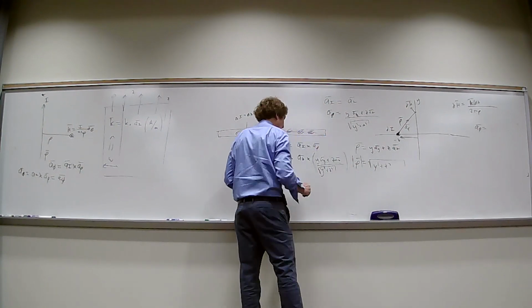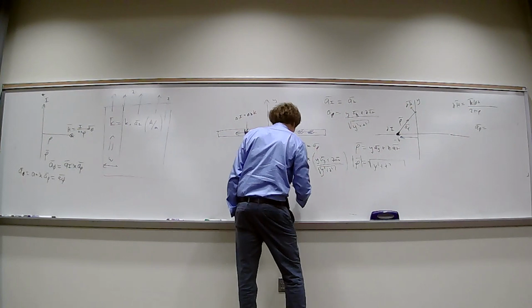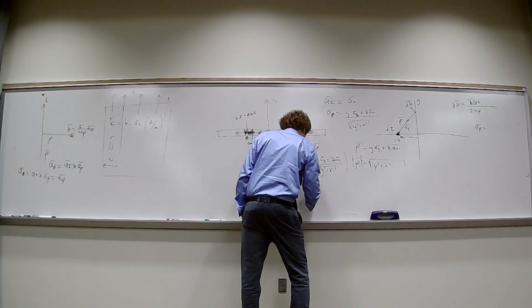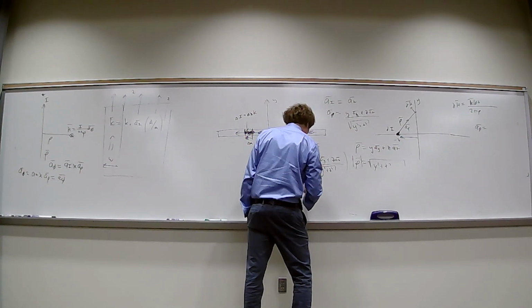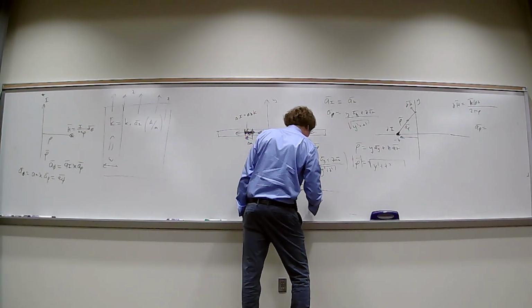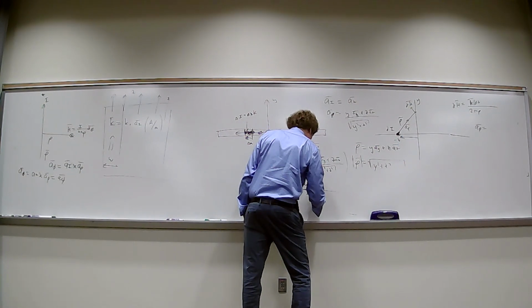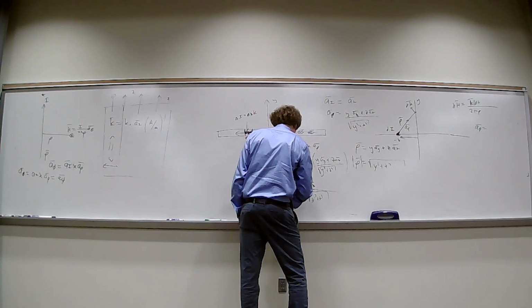And here you can see what happens. I have z crossed into y is minus ax, so it's going to be minus y ax, and then z crossed into z is 0, over the square root of y squared plus z squared, which would be A phi.